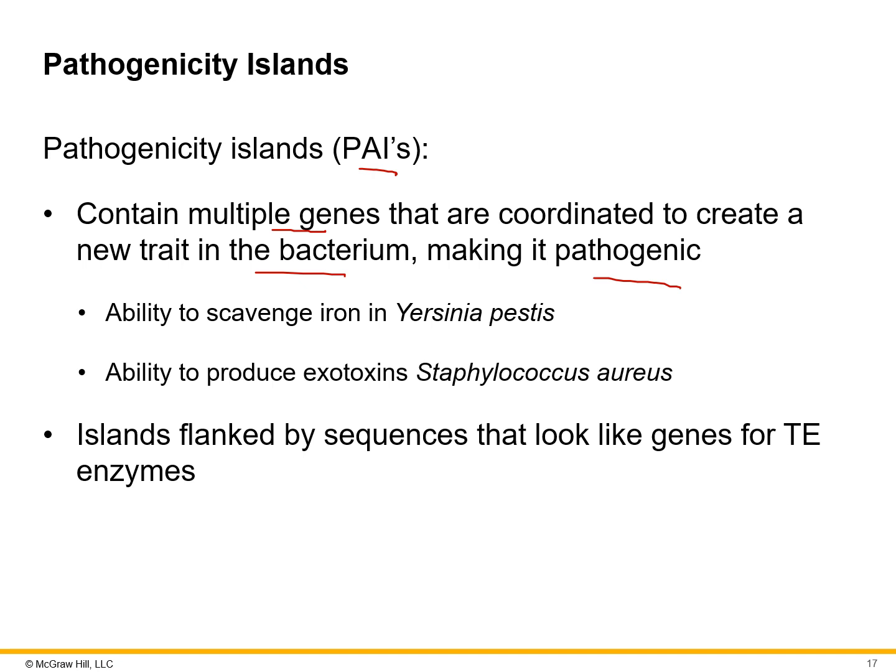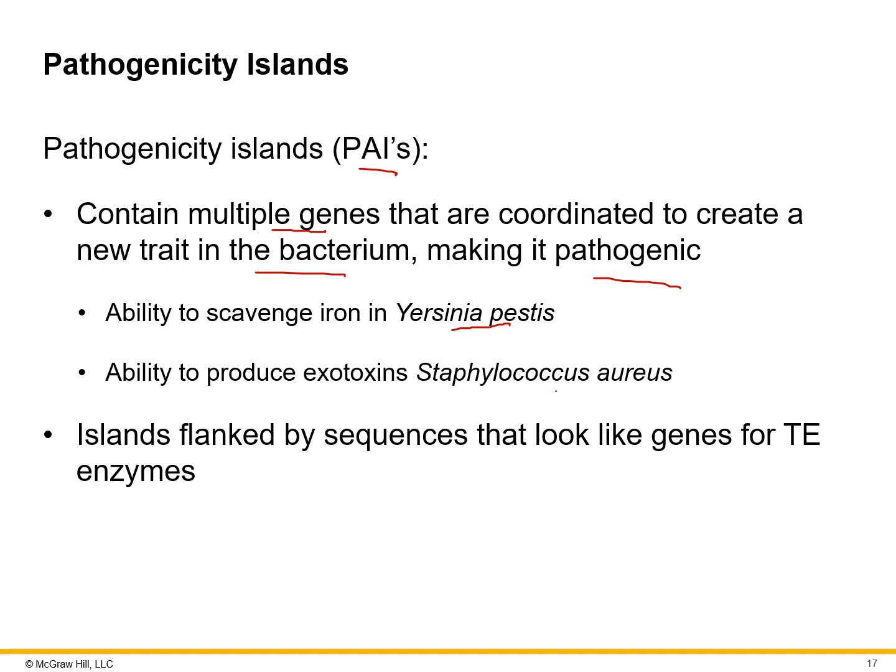So we have a cell that wasn't pathogenic, but after horizontal gene transfer or after some event, it now became pathogenic. For example, Yersinia pestis's ability to scavenge and get iron was due to gaining genetics through horizontal gene transfer.